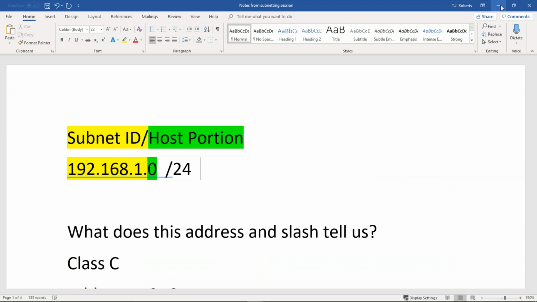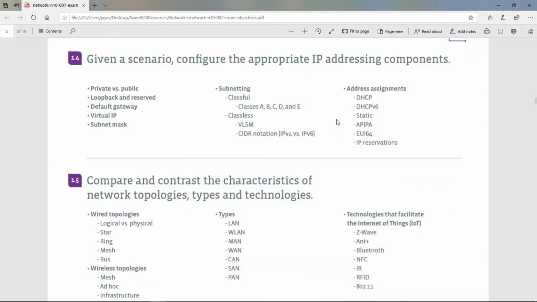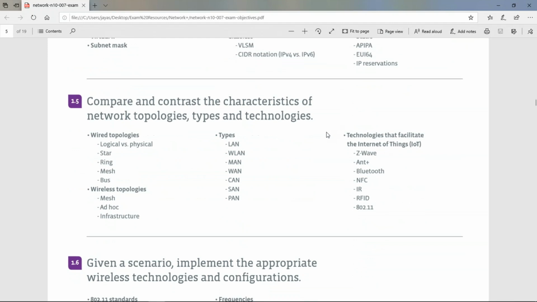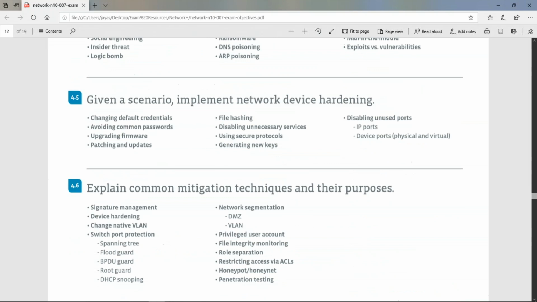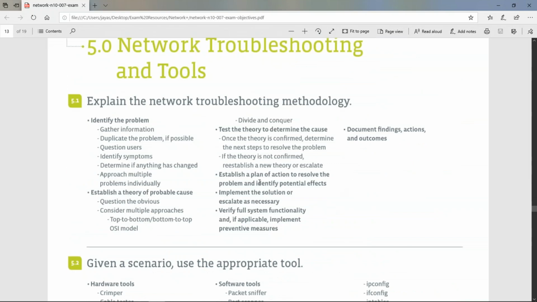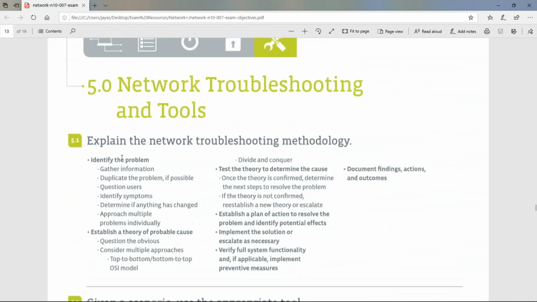Okay, so another area that I want to make sure everyone takes seriously, we talked about it a bit already, is your troubleshooting area right down here. What I want everyone to notice when you get down to troubleshooting is that it's not just about the troubleshooting itself.